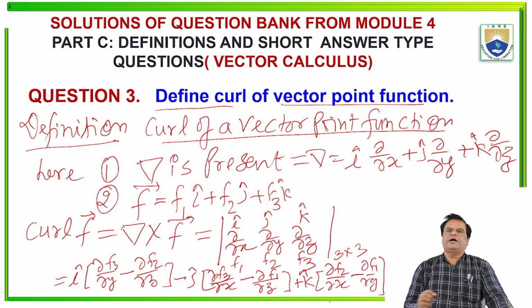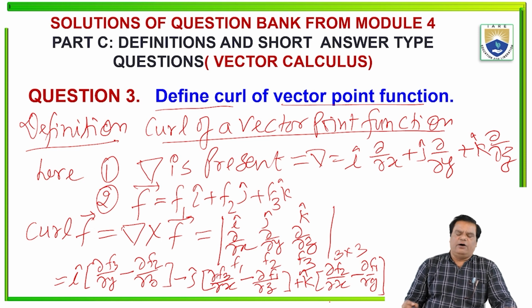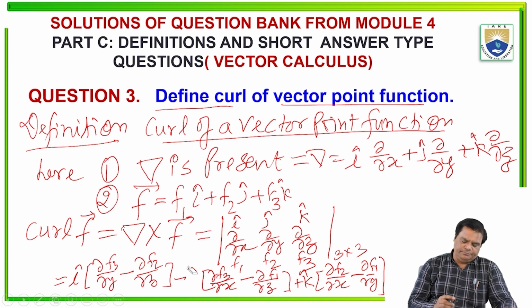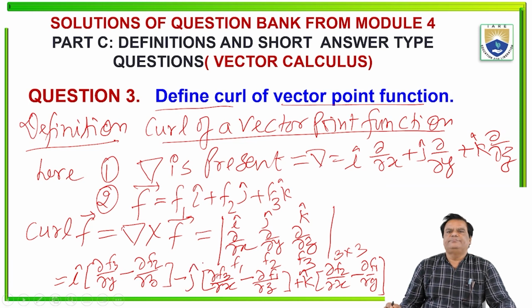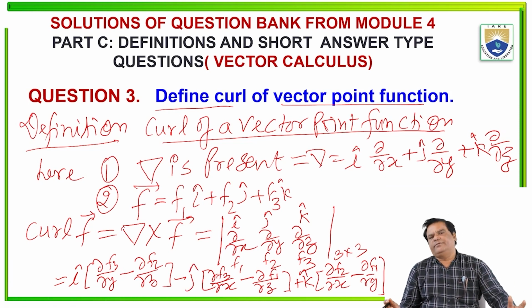Okay, this formula is known as the curl of a vector point function. This is j cap. So this is curl f.